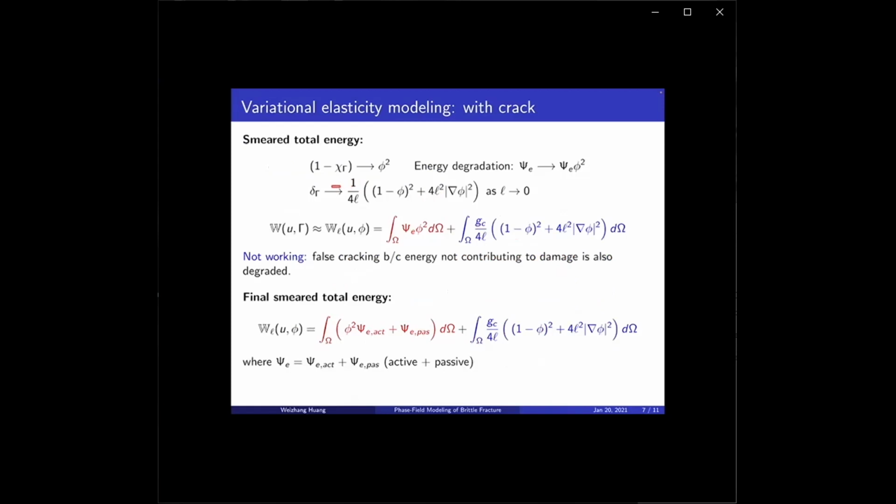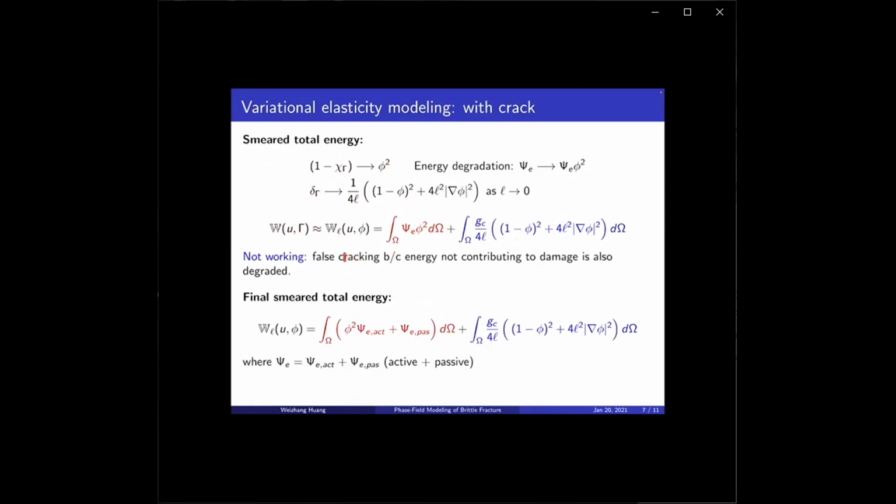Then I use the so-called AT approach for the characteristic function by this continuous function, and the delta function by this discrete, or approximate, delta function. Then we can approximate the energy into this so-called AT energy form.